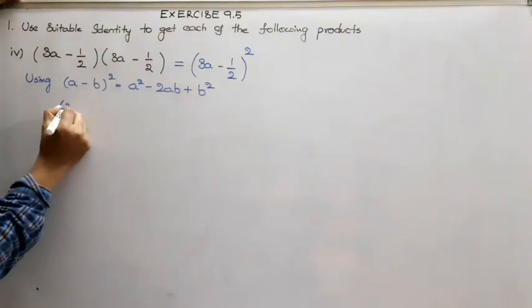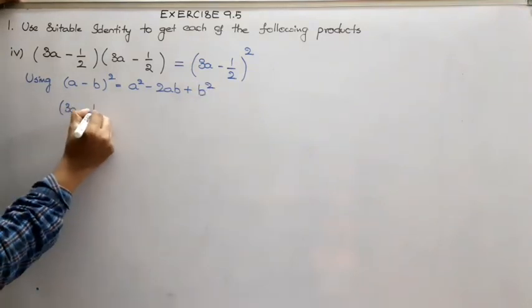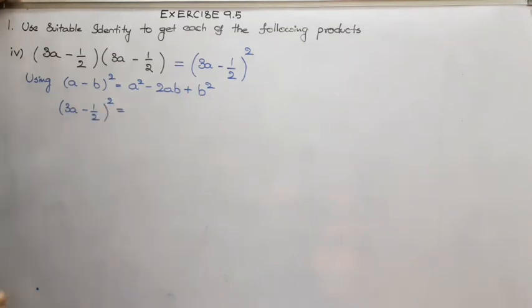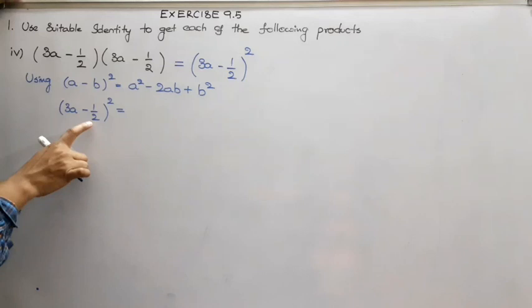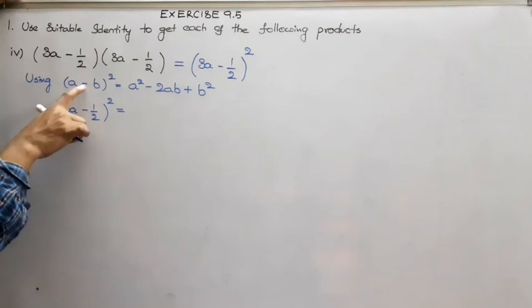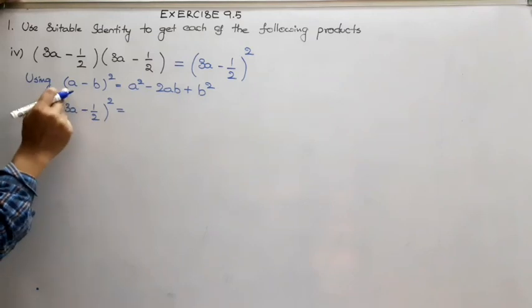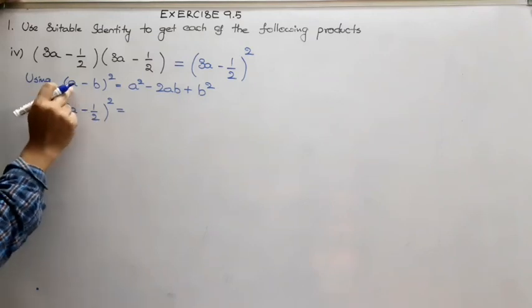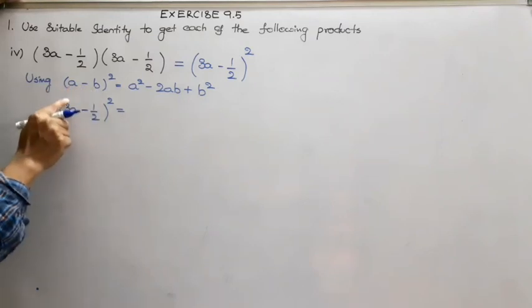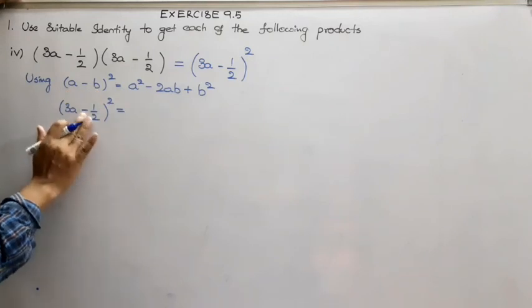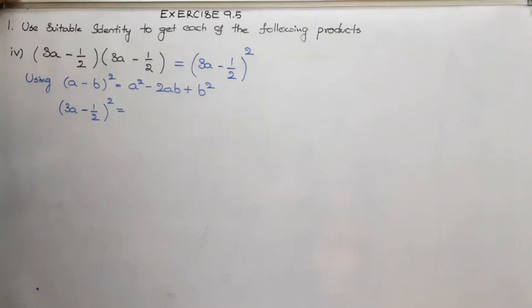We are going to write (3a minus 1 by 2) whole square using this. Please be careful. Here b means 1 by 2 only, not minus 1 by 2. If we compare 3a minus 1 by 2 with a minus b, a is going to be 3a and b is going to be 1 by 2, not minus 1 by 2. Please be careful.